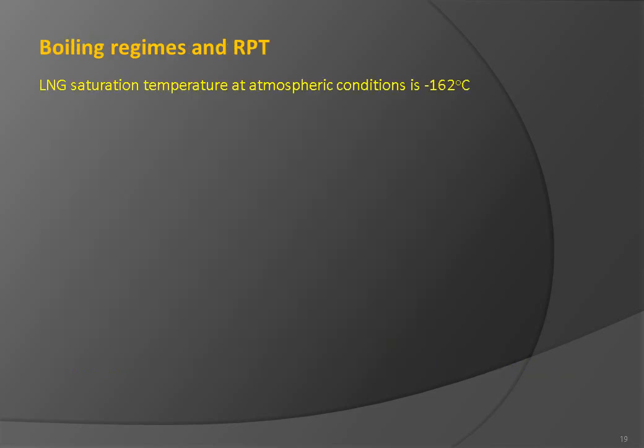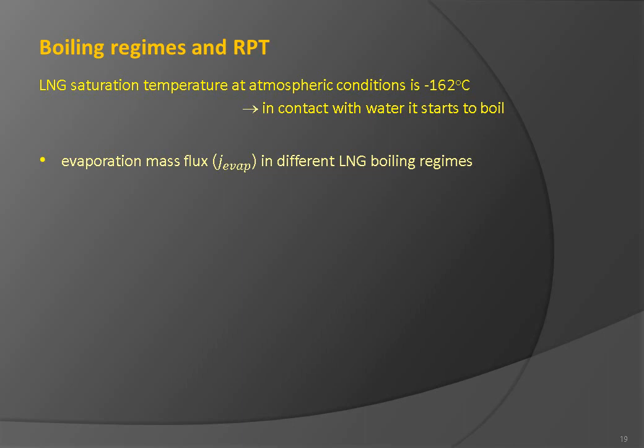The saturation temperature of LNG at atmospheric conditions is minus 162 degrees Celsius. This means that in contact with water it starts to boil. There has been a lot of research on different LNG boiling regimes, mostly to accurately determine the associated evaporation mass flux. Values between 0.02 and 0.3 kilograms per square meter second have been recorded by different research groups.